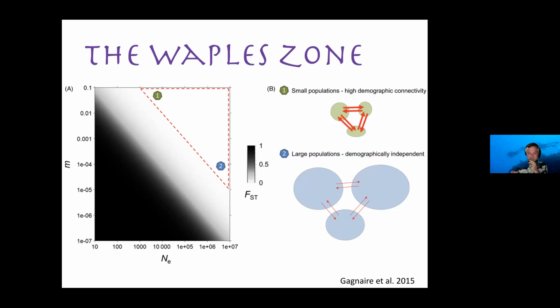But those of us who are still working in the marine realm have named that area of parameter space after him, the Waples zone. Here we have effective population size on the x-axis, the proportion of migrants, that is, the proportion of individuals migrating between populations, on the y-axis, and FST shown in black. Most marine species inhabit this area of large effective population size.